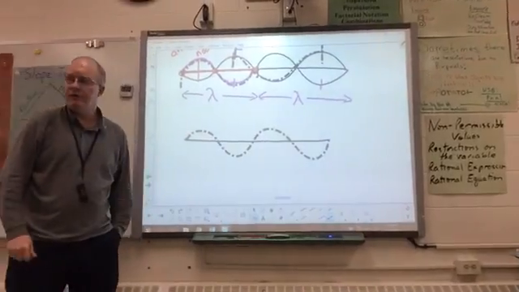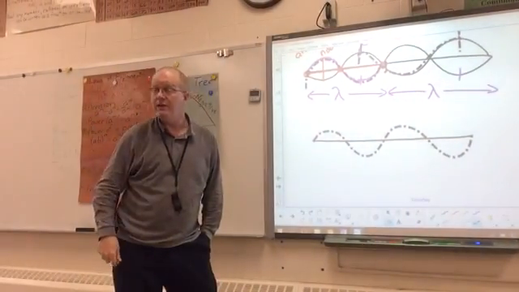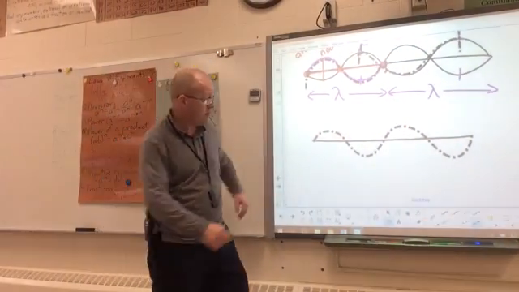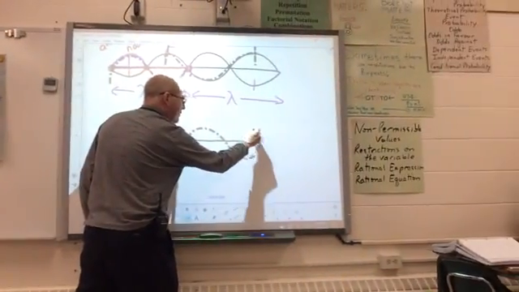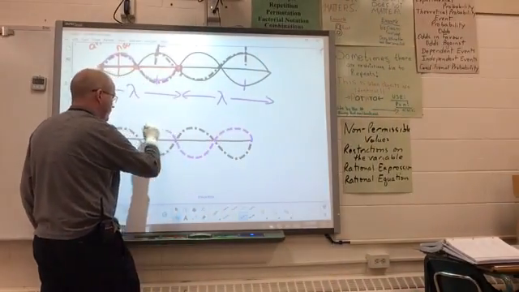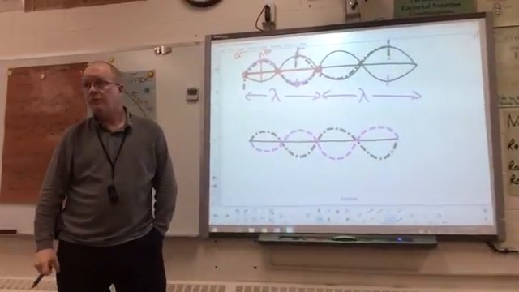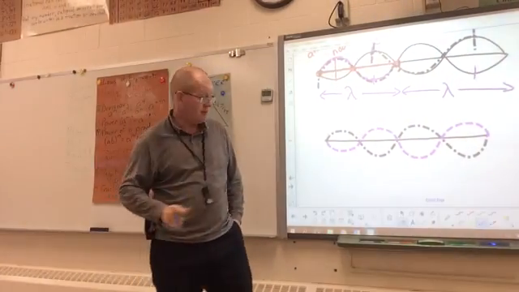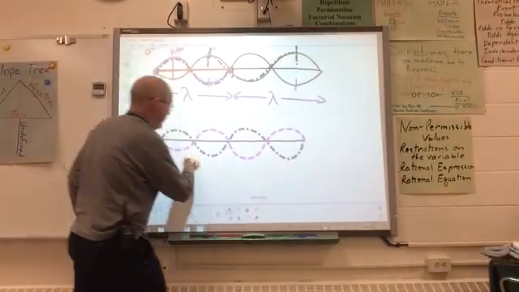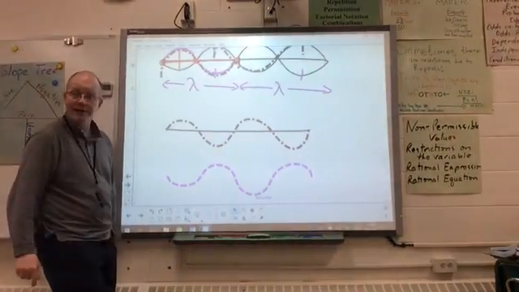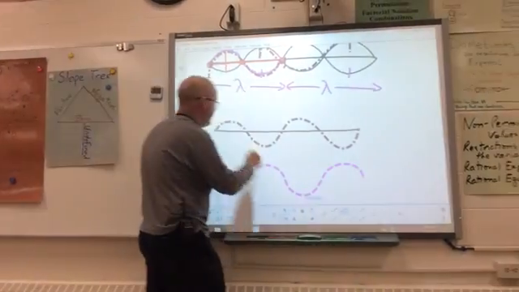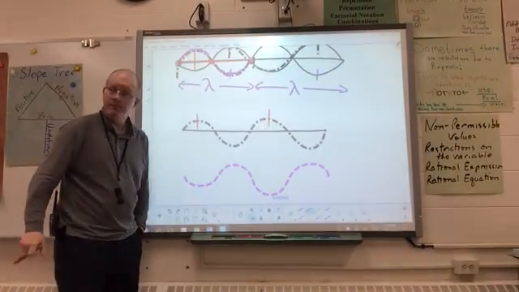There's your one wave, or your two waves in the elastic band. The trouble is, a fraction of a second later, this flips back and goes like this. So when I say measure crest to crest, or trough to trough, it's one wave going down. So you'd measure crest to crest here.